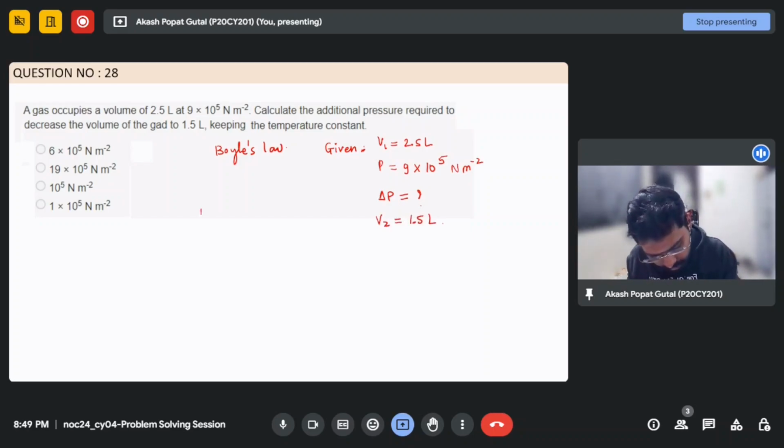As we know Boyle's law, P1 V1 is equal to P2 V2. By using this, we can calculate.